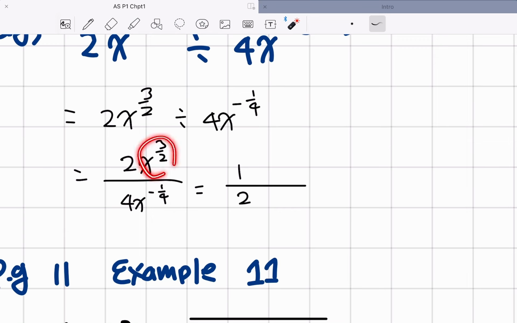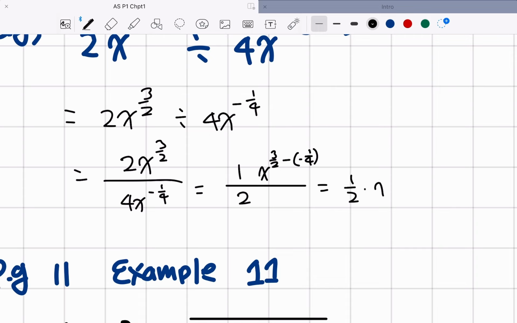And we can also use the index law that we covered in the first part, right? So we can simplify as x to the power of 3 over 2, because it's divide, right? So we say minus minus 1 over 4, and we can finally change to 1 over 2 times x to the power of 3 over 2 plus 1 over 4.